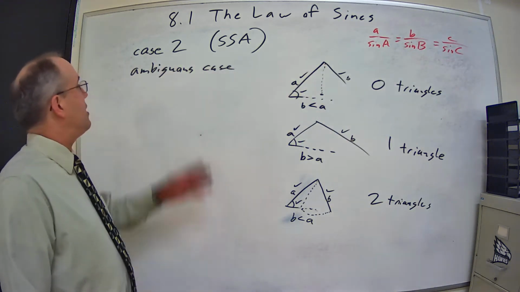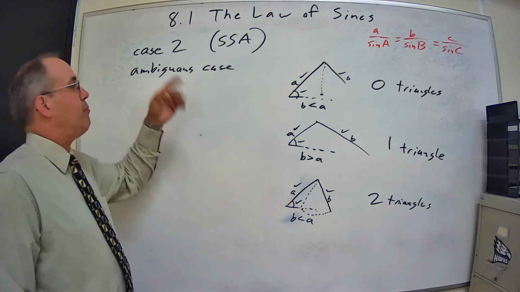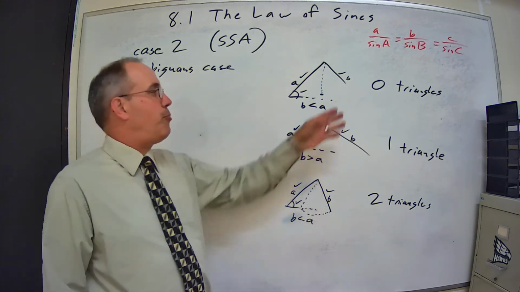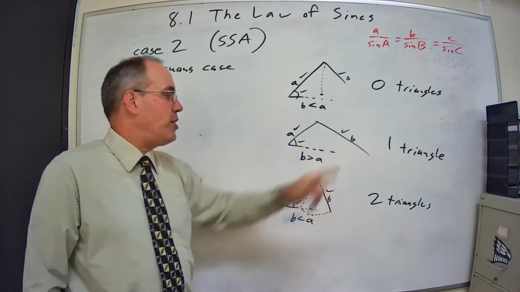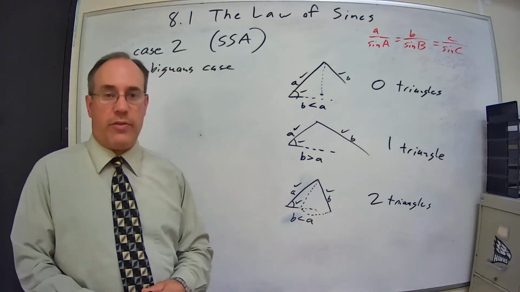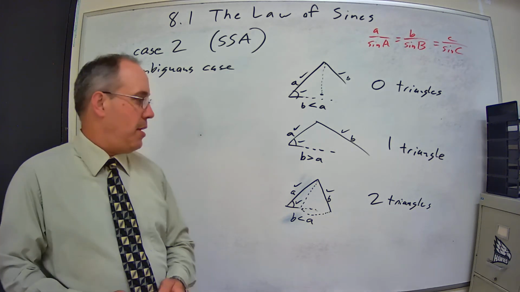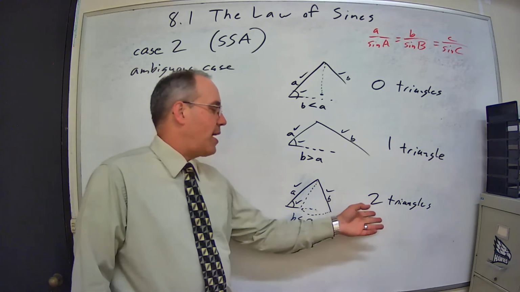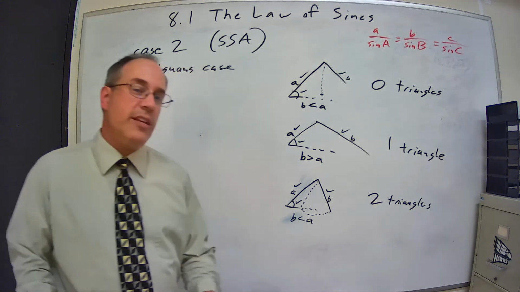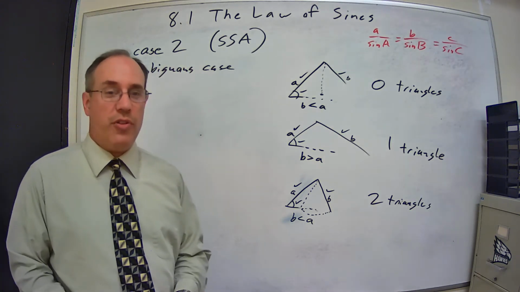And thus we see why case 2 is called the ambiguous case, because we could either end up with no triangles, one triangle, or two triangles. And if we end up with two triangles, then we need to find both of those triangles.